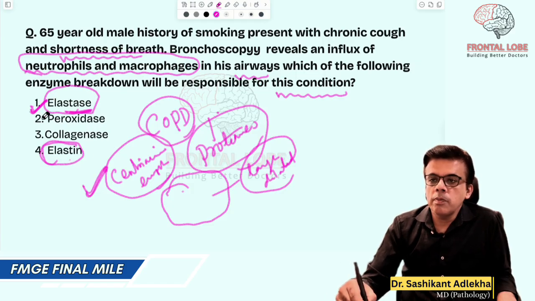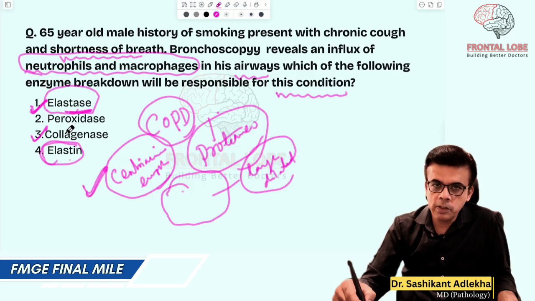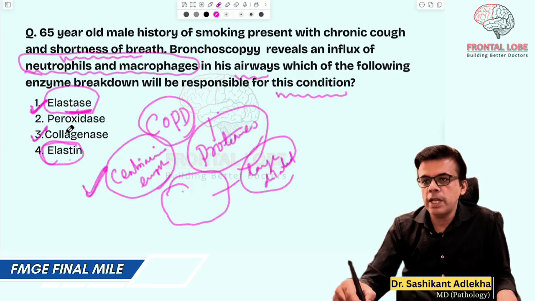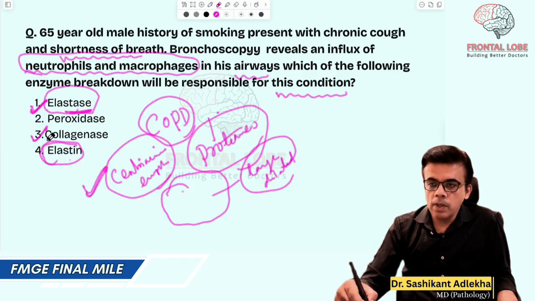Elastase is the enzyme or the protease which is elaborated by the neutrophils and the macrophages. Collagenases will degrade the collagen, but here it is in the airways. The most important feature that is responsible for the symptom is elastases, not the collagenases. So the correct answer is elastase.